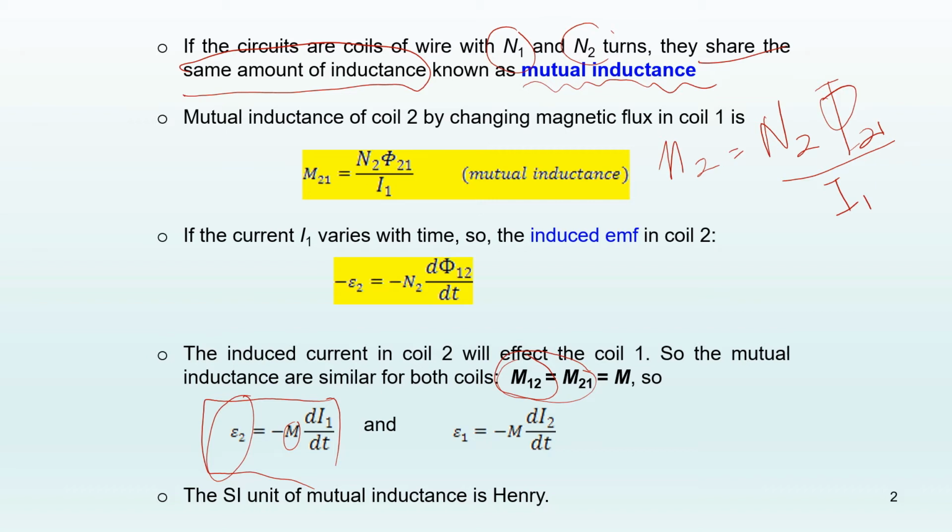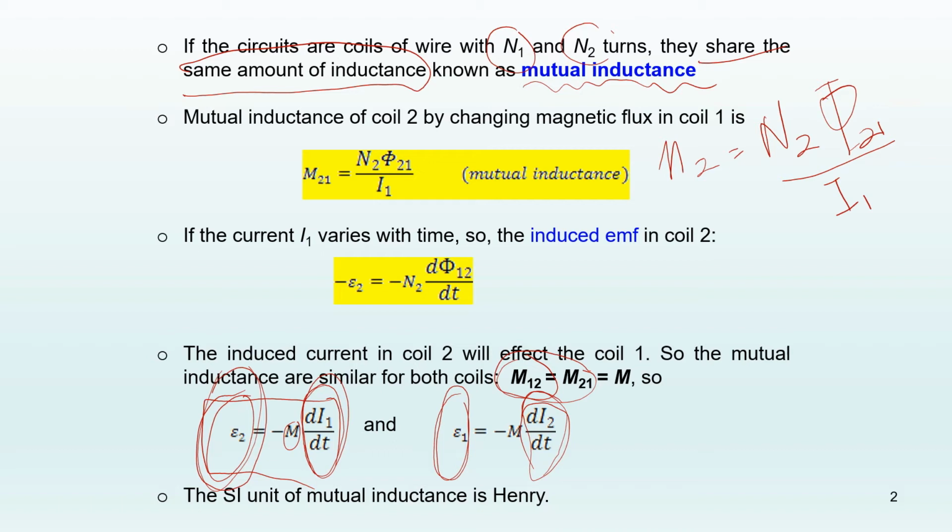So the value of the EMF in the secondary coil depends on the rate of change of current in the primary coil. Then it works the other way around: the EMF induced in the primary coil is directly proportional to the change of current in the secondary coil.